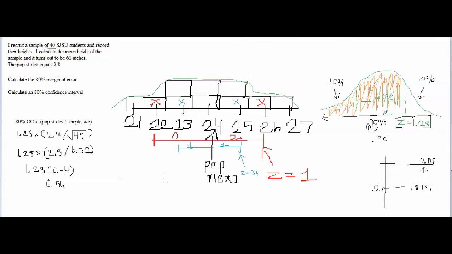Let's find out what that actually means. The population mean is somewhere at the center of the possible samples. In this case, the population mean would be the mean height of all SJSU students in the university population.